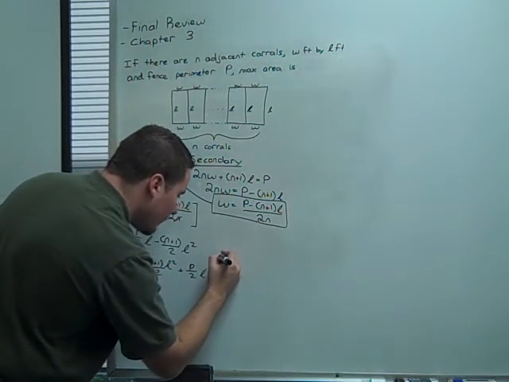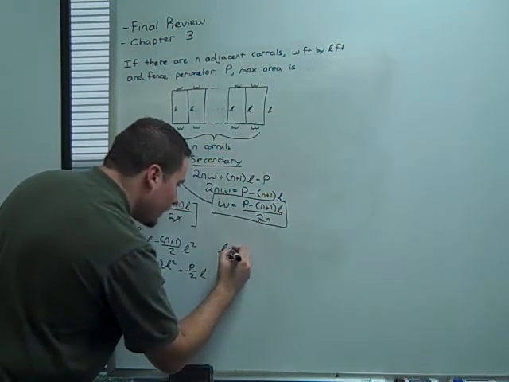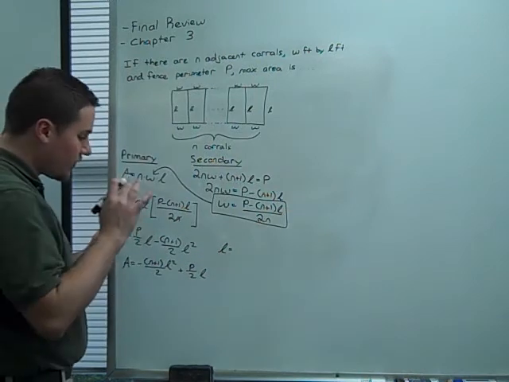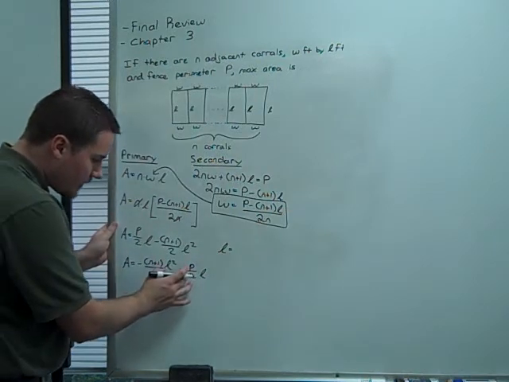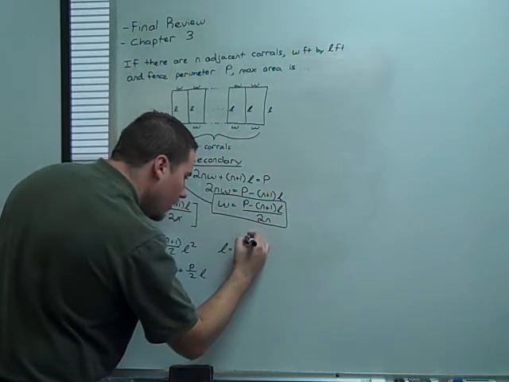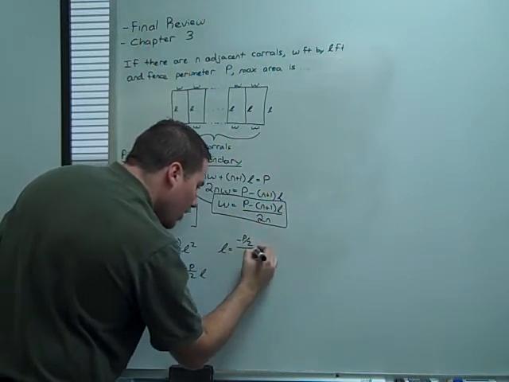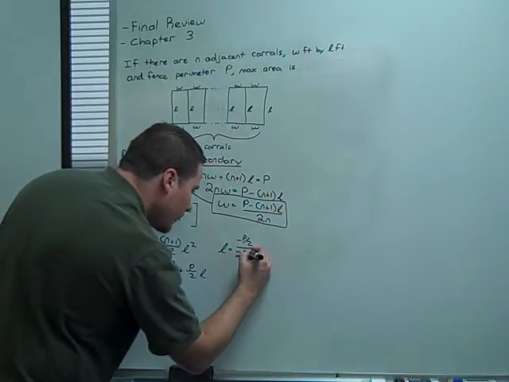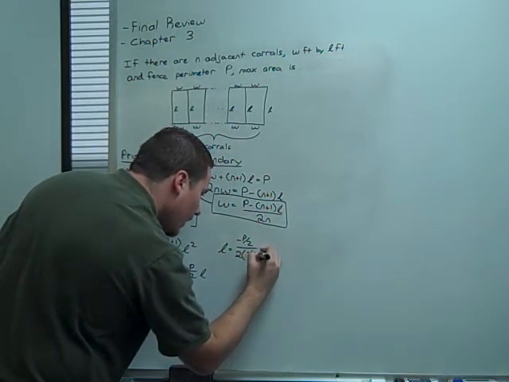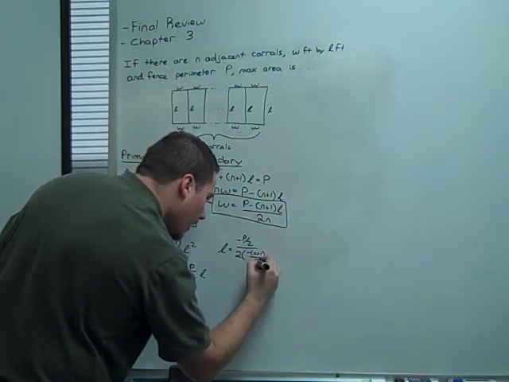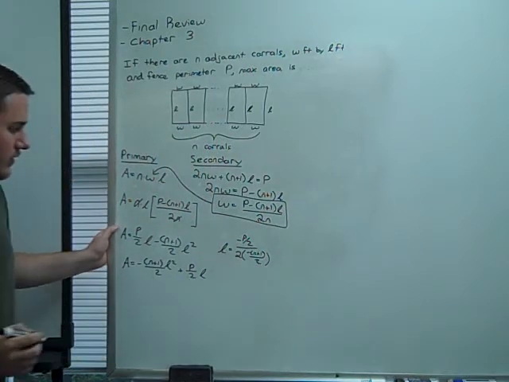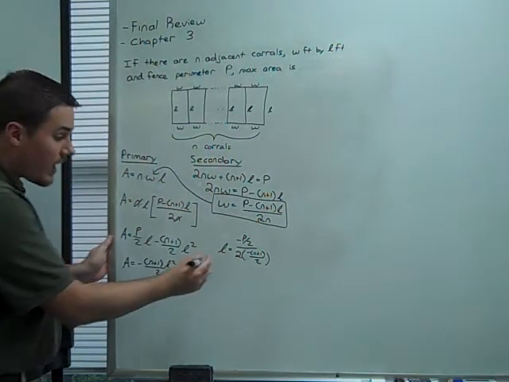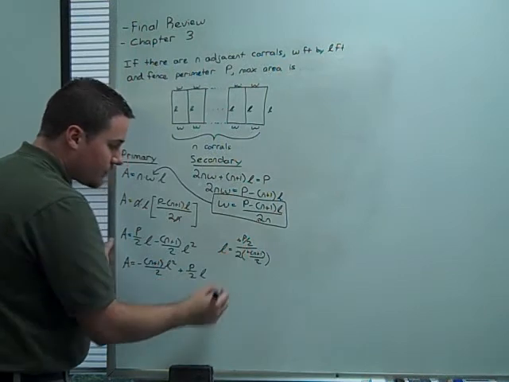Now the L coordinate of the vertex is going to be negative b over 2a. So that's negative P over 2 over 2 times negative (n plus 1) over 2. Kind of writing that very small, so I hope everybody can see that. Well, the negatives are going to both cancel.